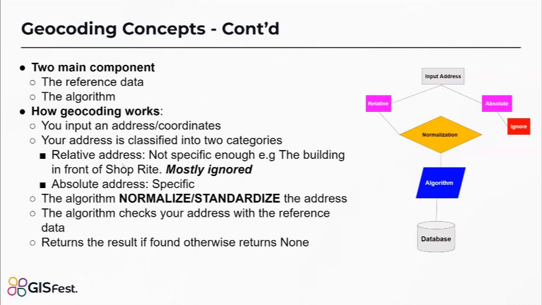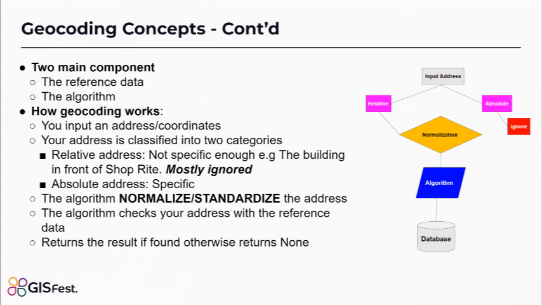Then after it's done with the classification, it has figured out that this address is absolute or relative. Then it normalizes the address. This process is just like segmenting the address and splitting it. So you have a number, a street, a state, a country. The algorithm will split off the first part and get the zip code, if it has a zip code, split it again, get the state, if it has a state, check it again, get the country, just splitting it into different categories.